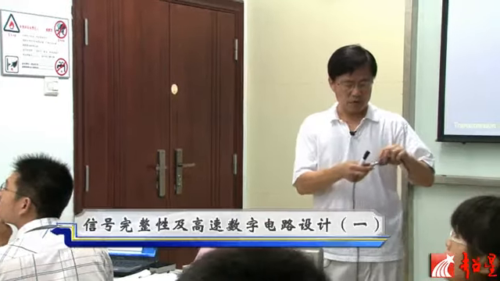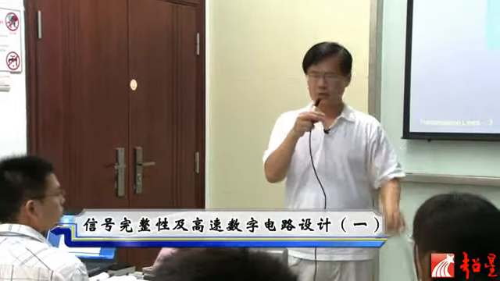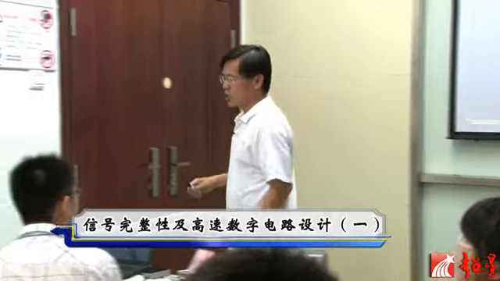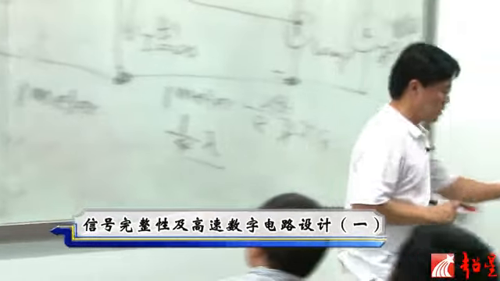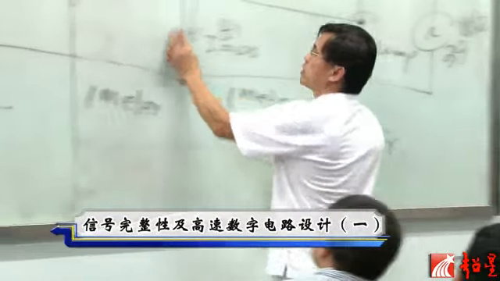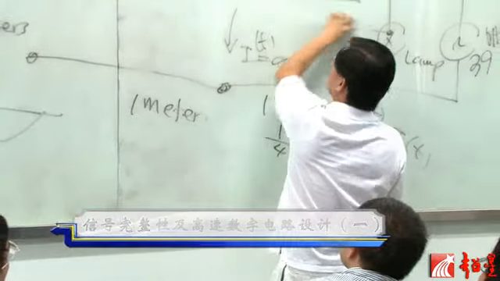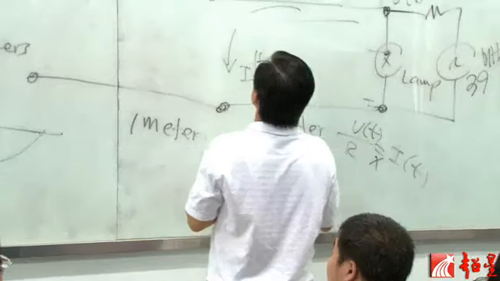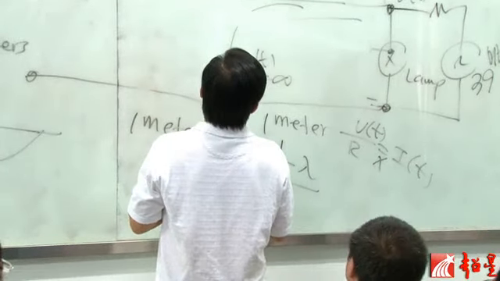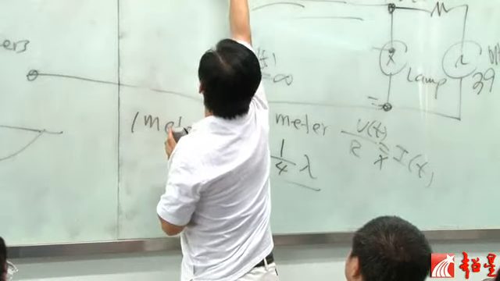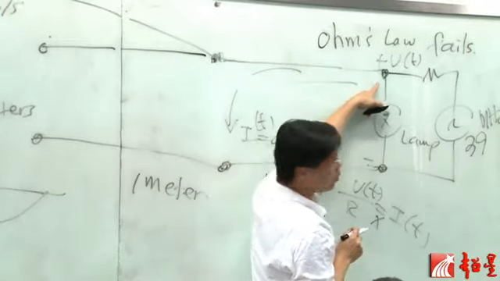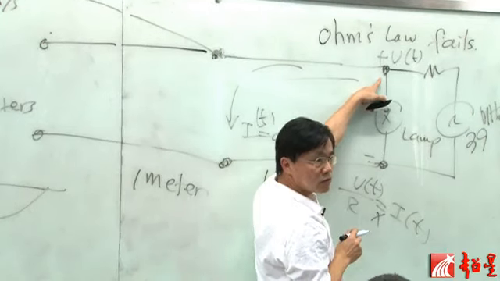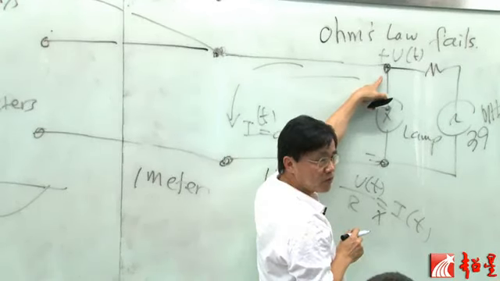But if we have just half of that, then how do we draw? We will still have maximum voltage at this point. But this is one fourth of the wavelength away from here.